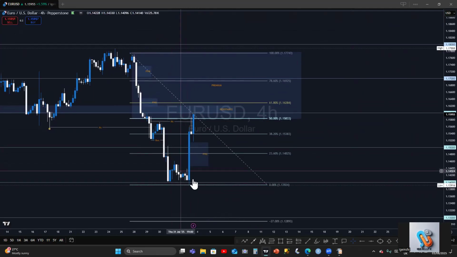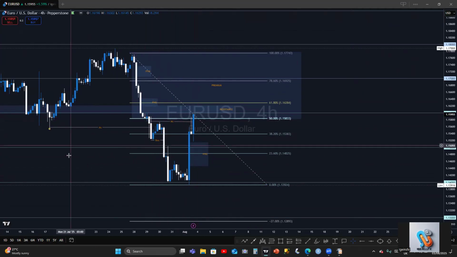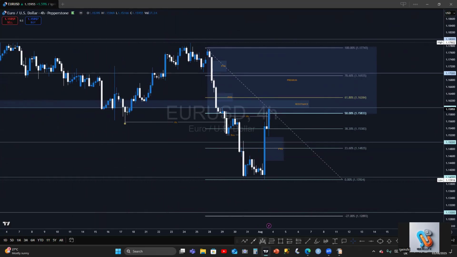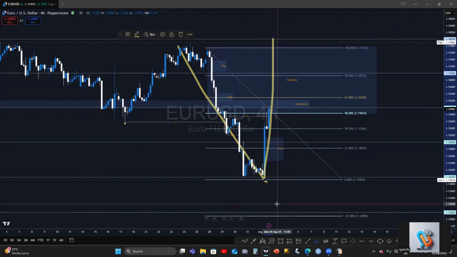Apart from that, we can see that there's an FVG here, with this other block here. The push to the upside has also created a market shift from here. So the market has shifted from bearishness to bullishness.